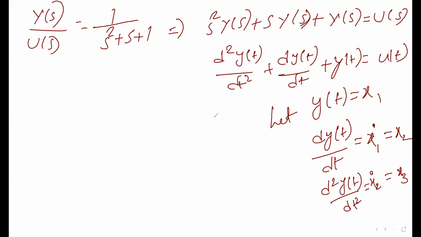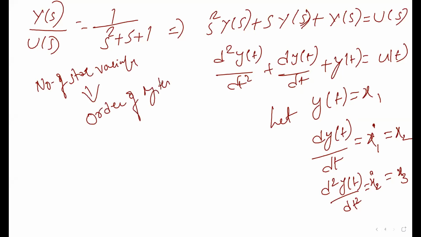How many state variables are there? How do you find how many state variables there are? For problems like these, the number of state variables is given by the order of the system.